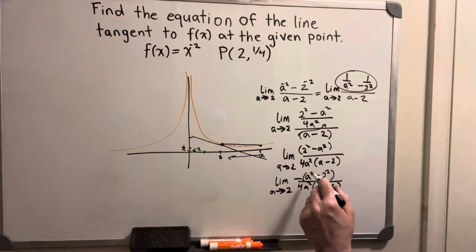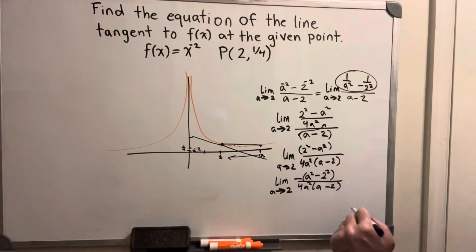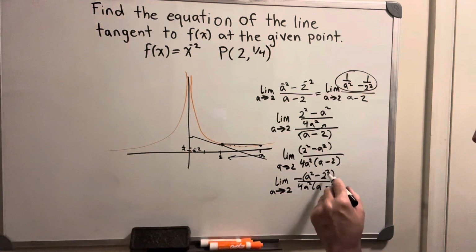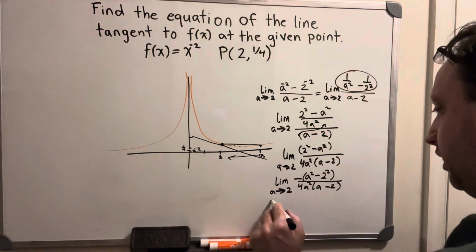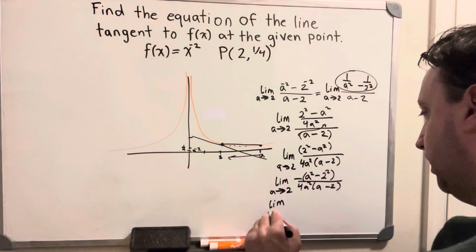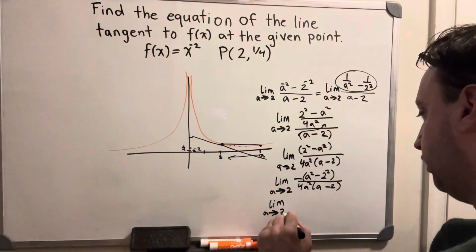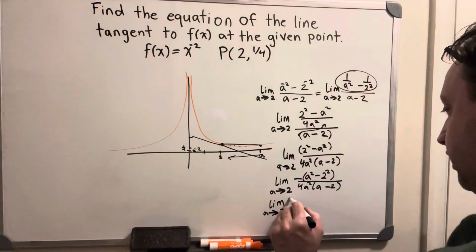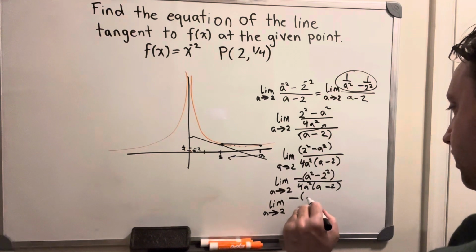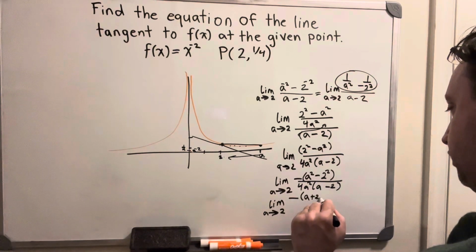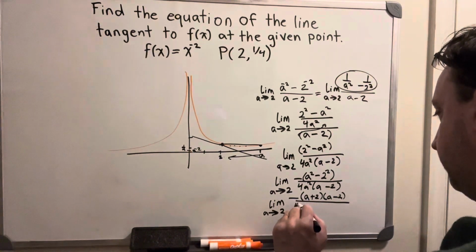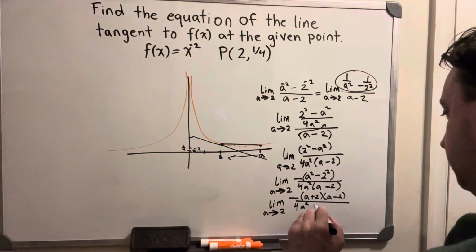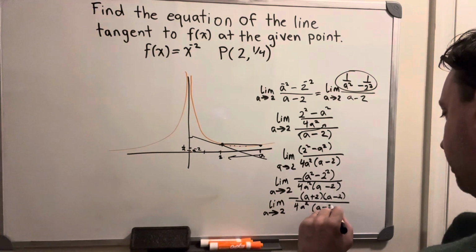Okay. Now remember the difference of squares identity? What is a squared minus 2 squared equivalent to? It's the limit as a approaches 2 of minus a plus 2, a minus 2, over 4a squared times a minus 2.